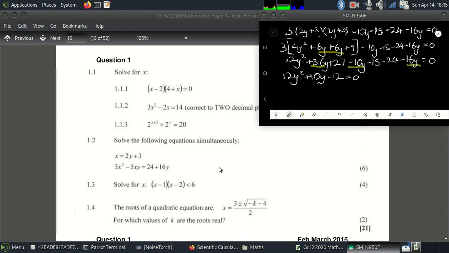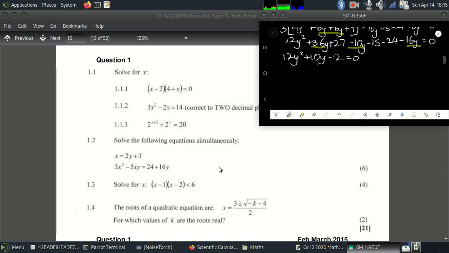And then we can apply this into the quadratic formula, or you can attempt to factorize it however you'd like. But for the sake of simplicity, I am going to put this into the quadratic formula, which is negative b, and the value of b here is 10, plus, I'm going to try it with a plus first, square root of b squared minus 4ac, where the value of a is 12, the value of c is negative 12, and then this is over 2a, and the value of a is 12.